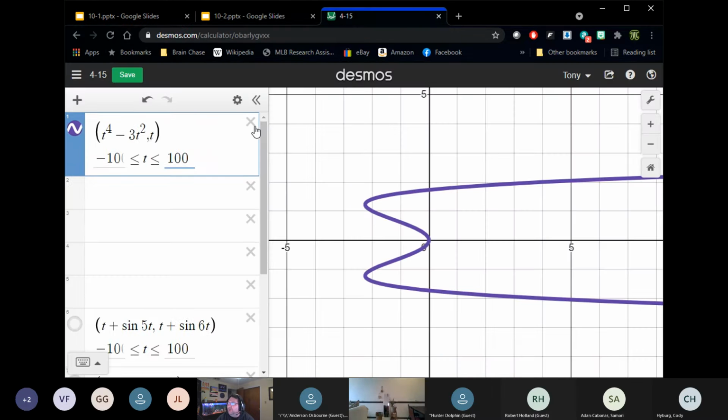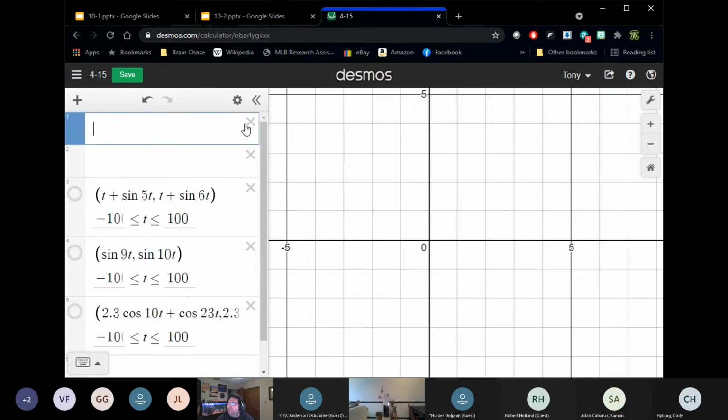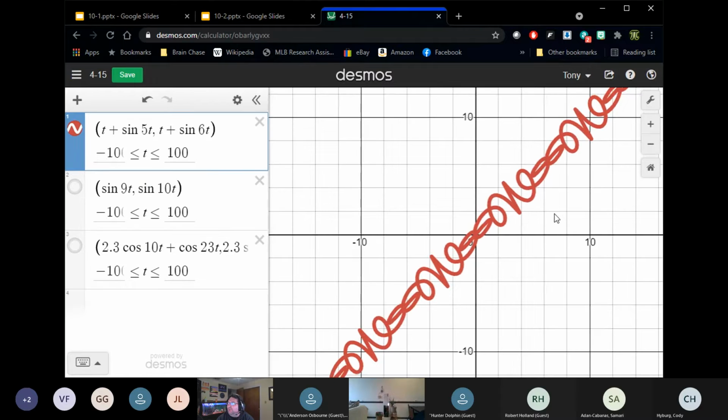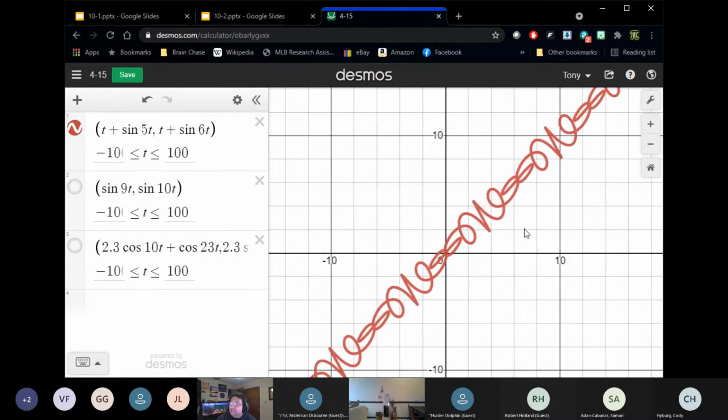Now, here's some other little cool graphs. Like this one we could easily do. But when you start to get a little more complicated graphs, like here, let's look at this one. So this is a parametric equation. Notice how there is no way you'd ever be able to graph this out by hand, nor is there a way that you'd be able to graph this out with just a simple equation.